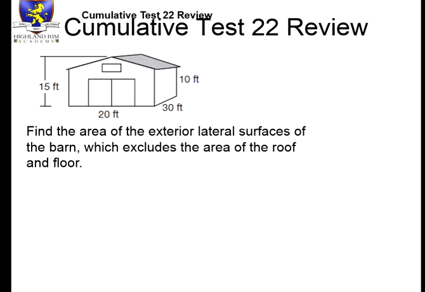On the bottom we have a rectangle, on the top a triangle. The rectangle is 20 feet by 10, and since we have two of these, one for the front and the back, it's 2 times 20 times 10, right?